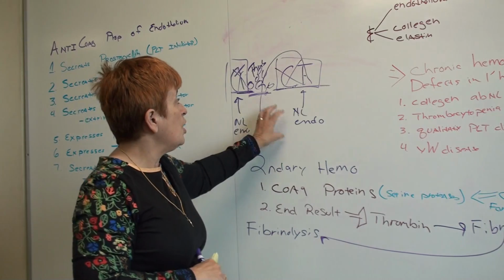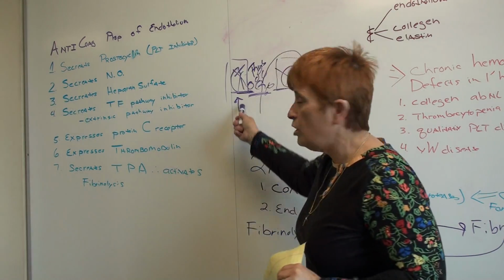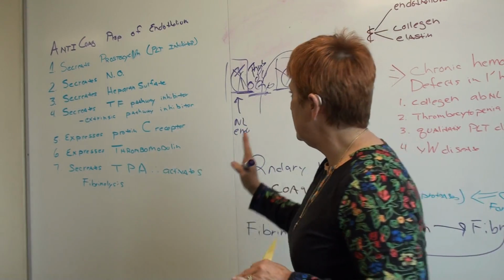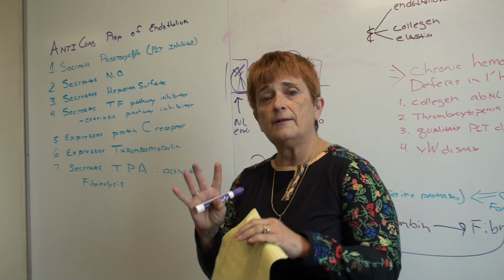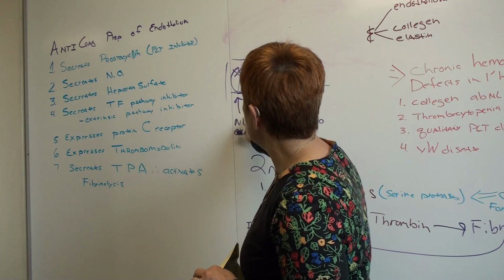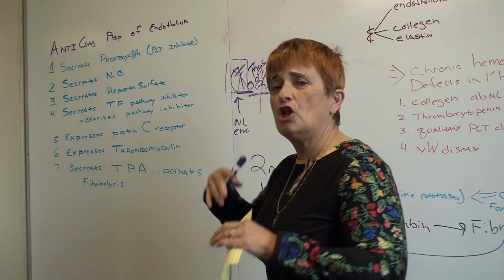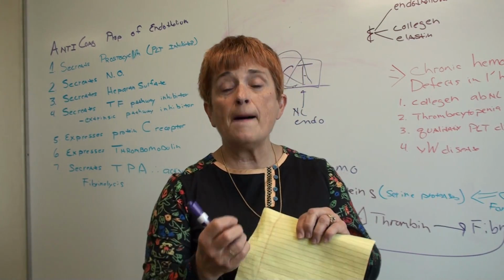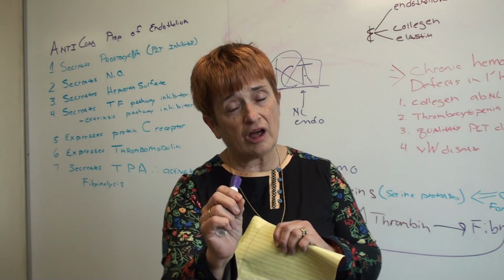But how does it help do that? Normal endothelium has 7 different ways that it can help keep the clot in its area and prevent any thrombus. Remember, thrombus is a pathologic clot.